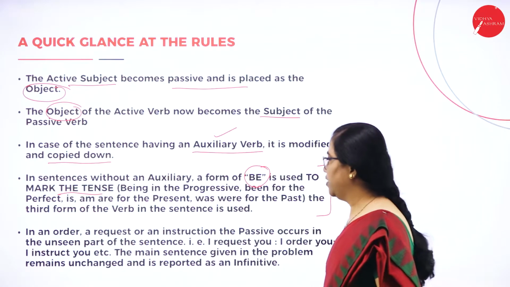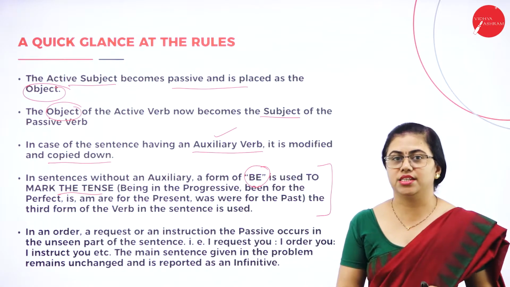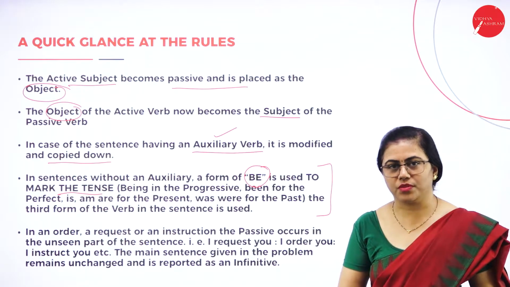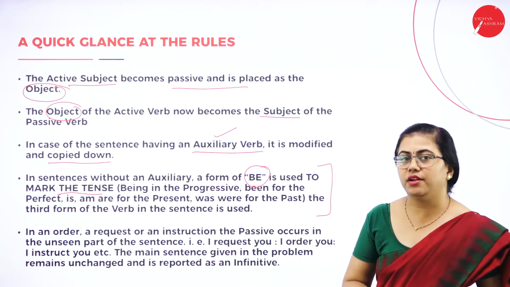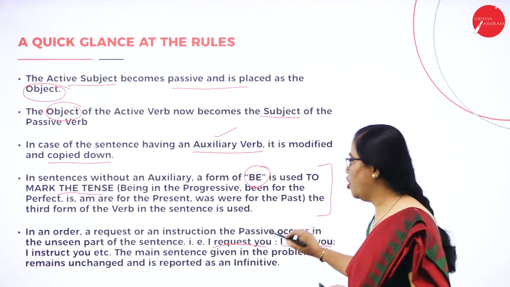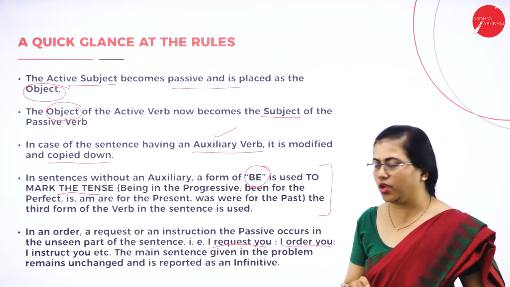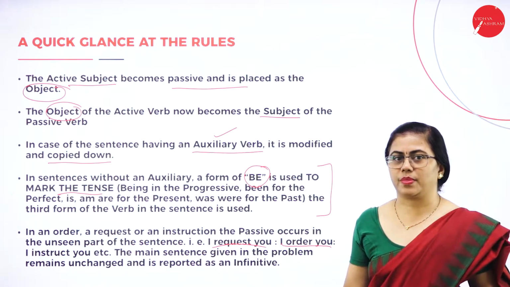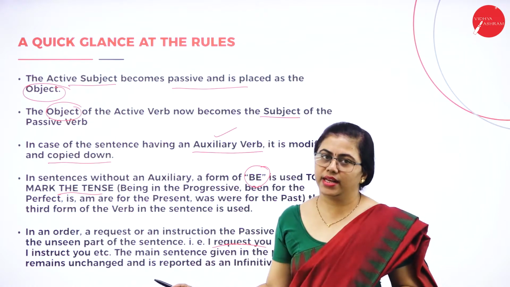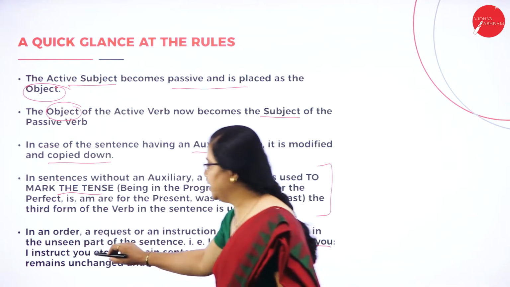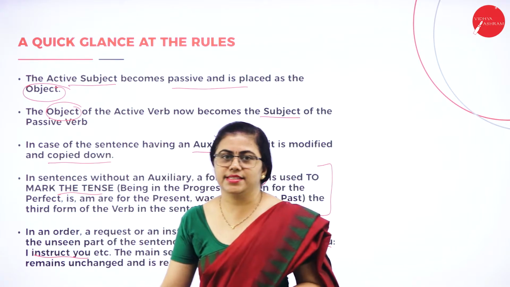And whenever we are changing an imperative sentence, a request or an instruction, to passive form, then words like I order you, I request you have to be used. The main sentence actually remains unchanged, but only these words like request, order, instruct will be retained as they are.